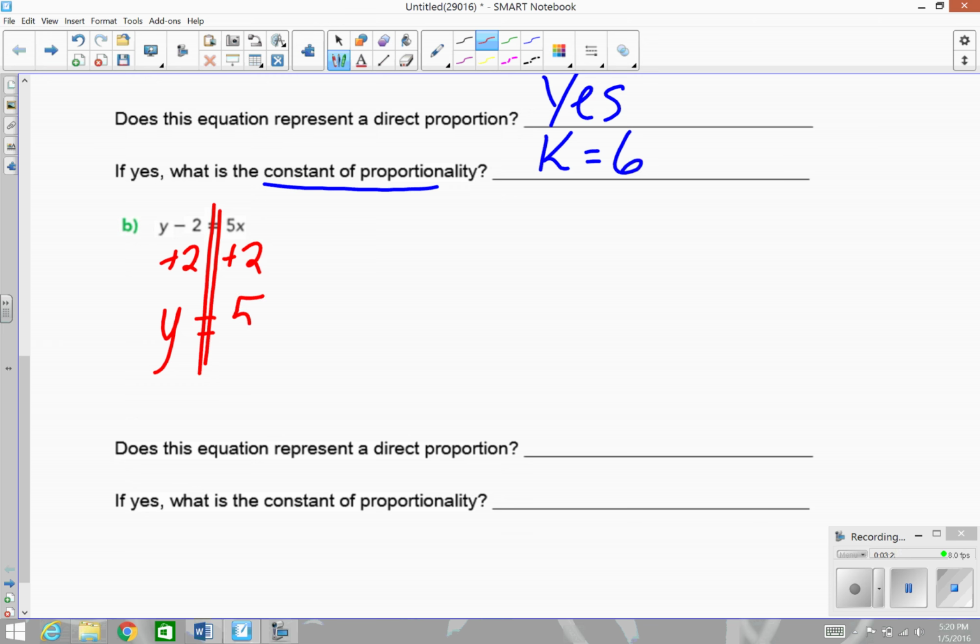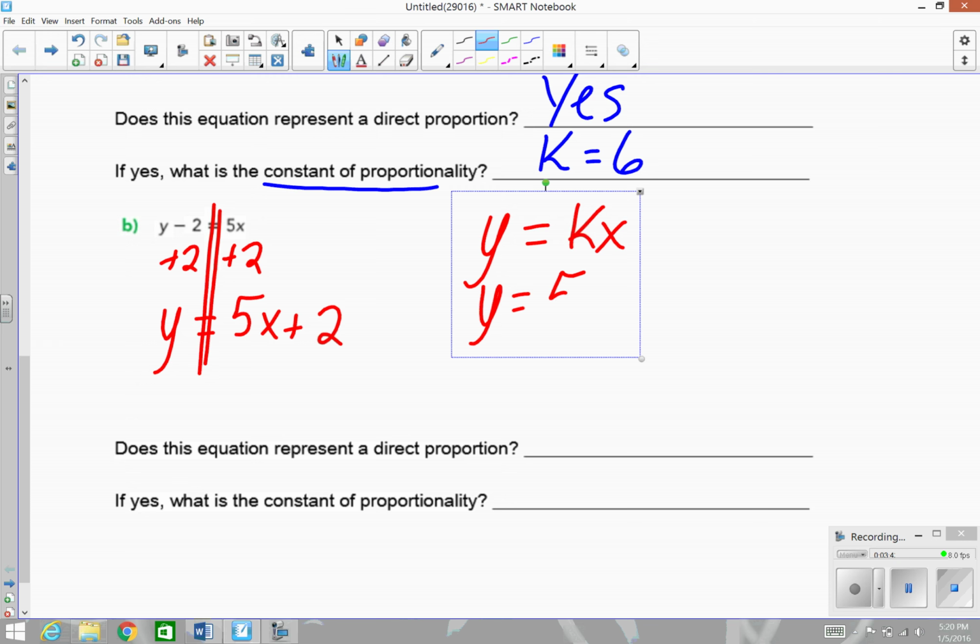So we're just going to keep this 5x plus 2, and now our job is to assess whether or not we have a proportional relationship. So again, proportional relationships are written in the form y equals kx. We have y equals 5x plus 2, which is very, very close, except we have this extra plus 2, and the second you have anything extra, it's out of the question.